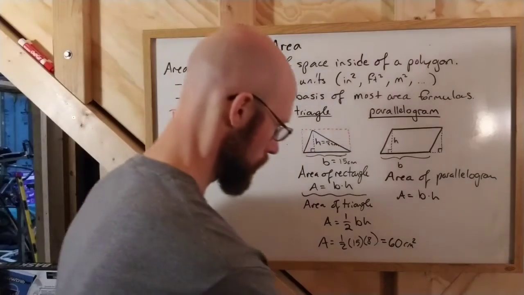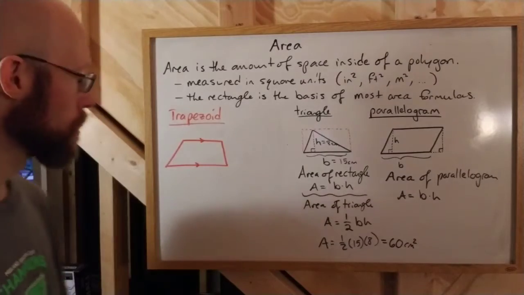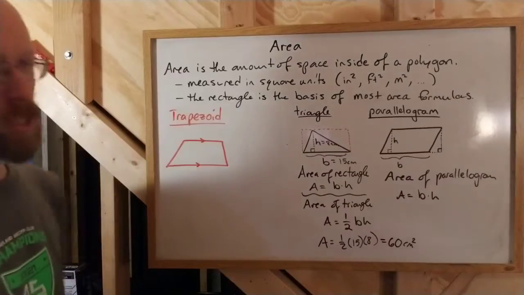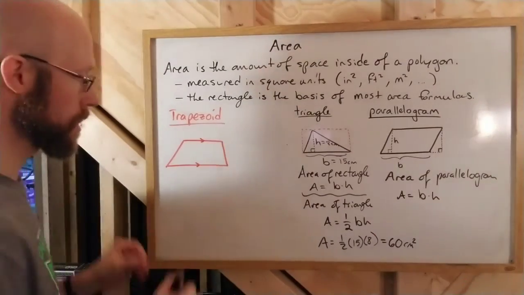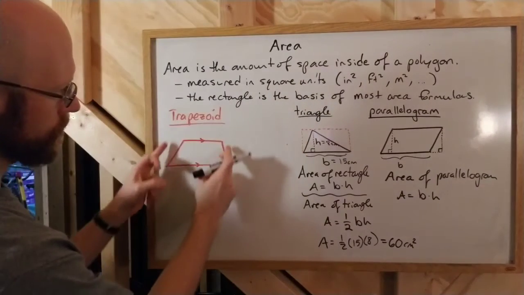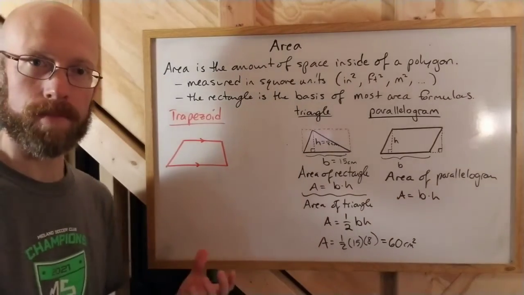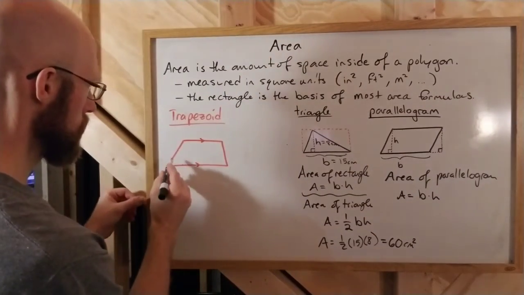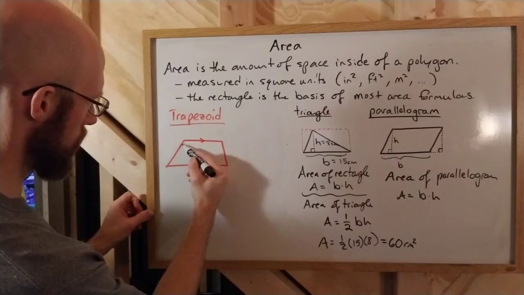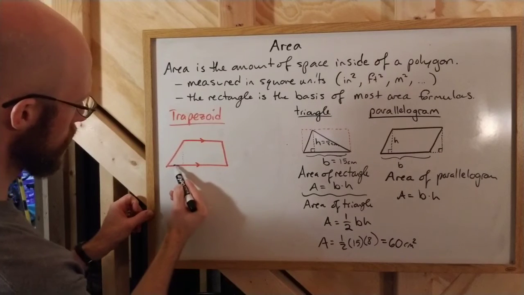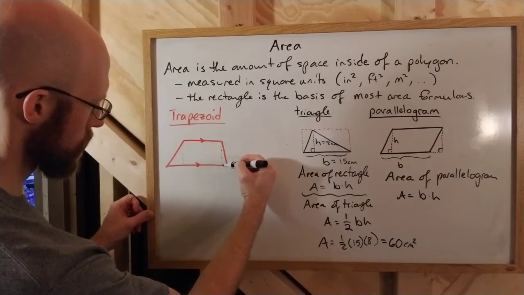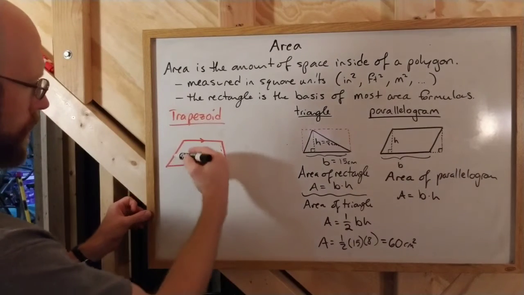And the trick on this one is to build another rectangle in there. But the rectangle we build uses the average of the two parallel sides. Okay? So if you take those two parallel sides and take their average, you're finding a length that's halfway in between them. If I draw a height straight down, it would start halfway across there, and if I draw this straight down, it would stop halfway across that gap, and that would be the average.